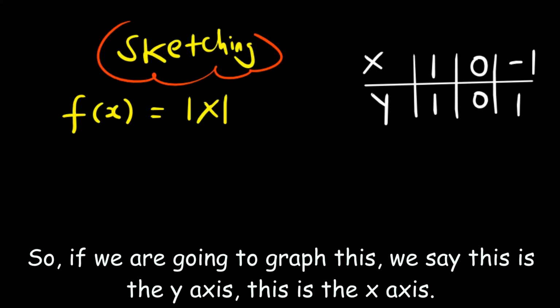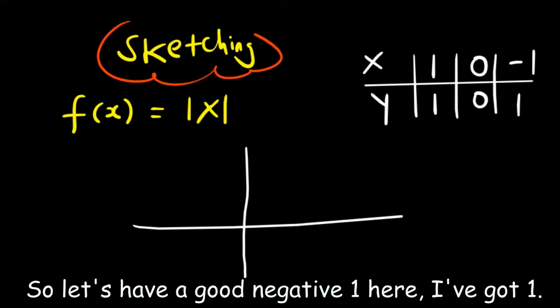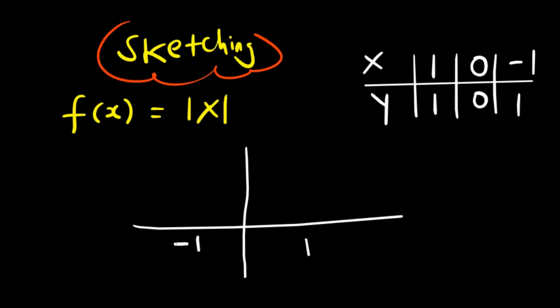So now if we're going to graph this, let's say this is our y-axis, this is our x-axis. So let's say I've got negative 1 here, I've got 1. So 1 comma 1 will be somewhere here. 0 comma 0, it will be somewhere there. Let me use a different color for the points.